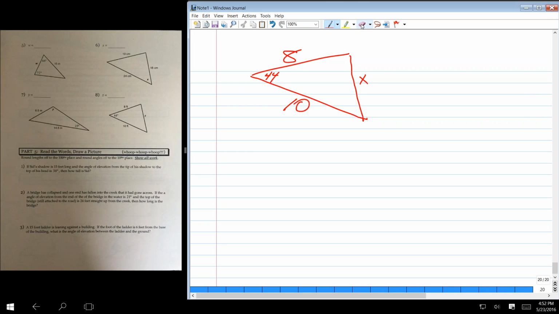Oh, that's z, excuse me. Always start on the left side of the equation, even if you're going to use the law of cosines. So remember what our equation looks like. Our equation looks like this.